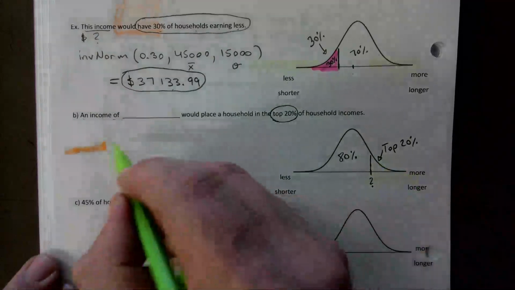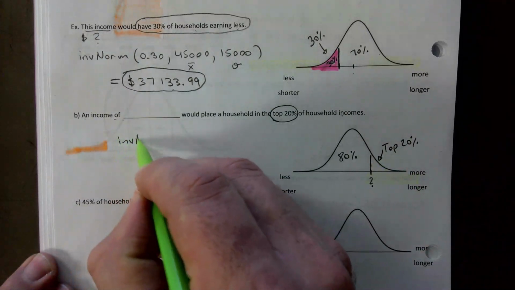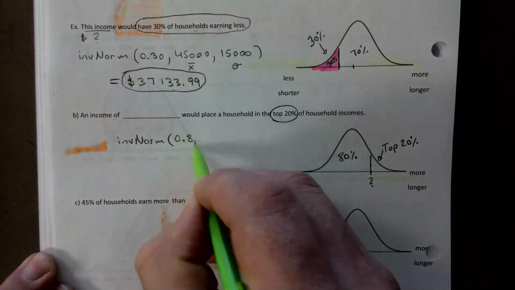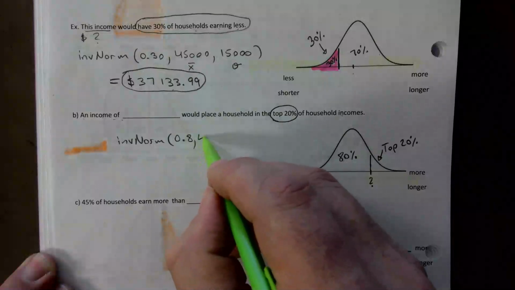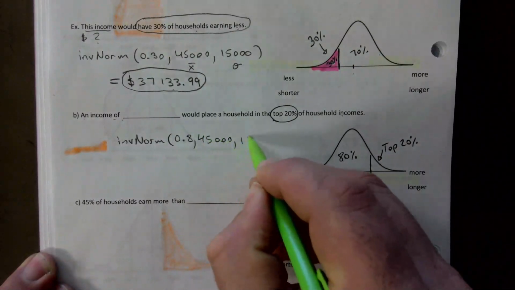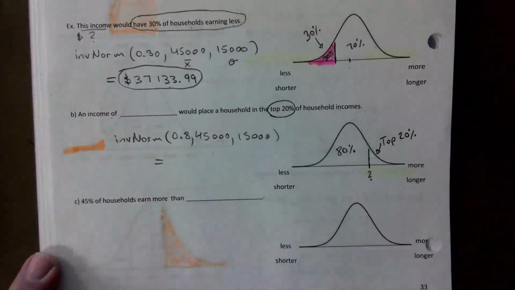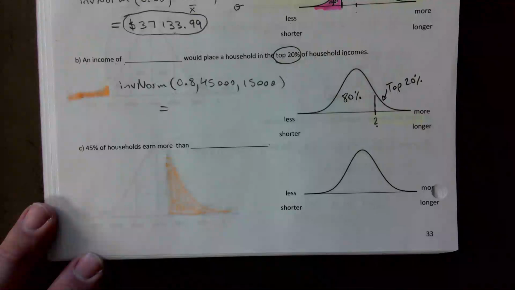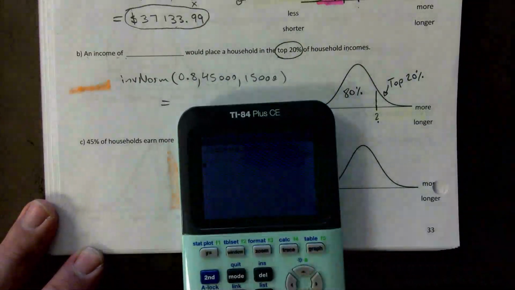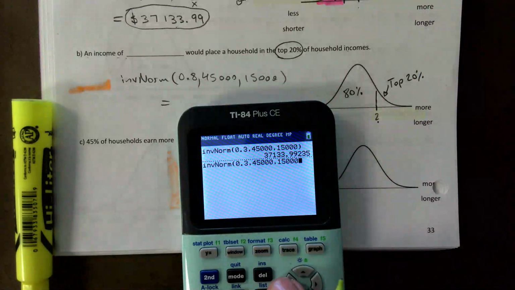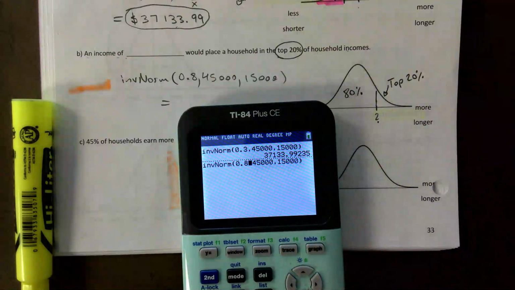But just write this down. Inverse norm. This is 0.8. My mean is 45,000. My standard deviation is 15,000. This one I can probably copy paste on my calculator. Yeah, for sure. Because I can just go back and change the 0.3 to 0.8 and then hit enter.